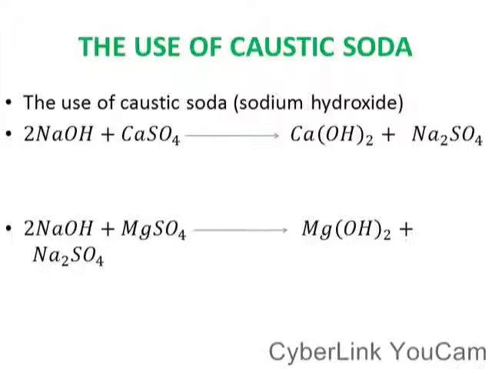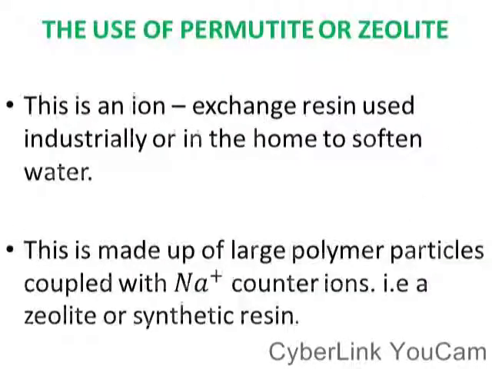The use of caustic soda to remove permanent hard water. This is caustic soda, sodium hydroxide, to remove hard water. It's going to give us calcium hydroxide. Calcium hydroxide is slaked lime, plus Na2SO4. The same thing using caustic soda to remove permanent hard water is going to give us magnesium hydroxide, and a salt will be deposited.